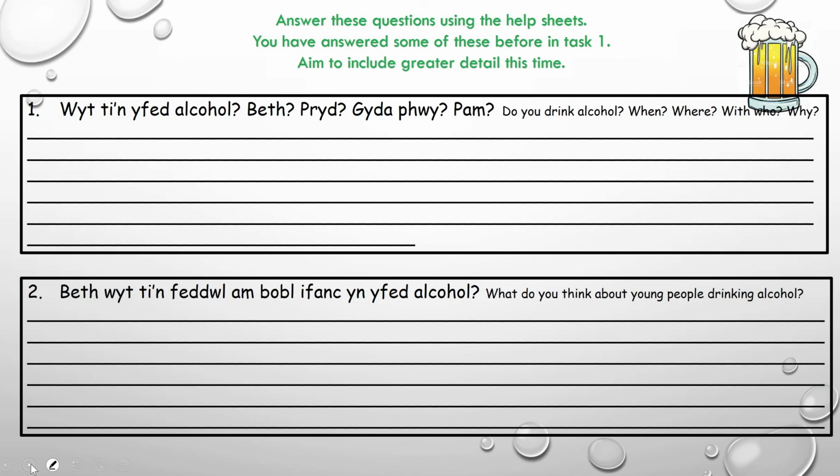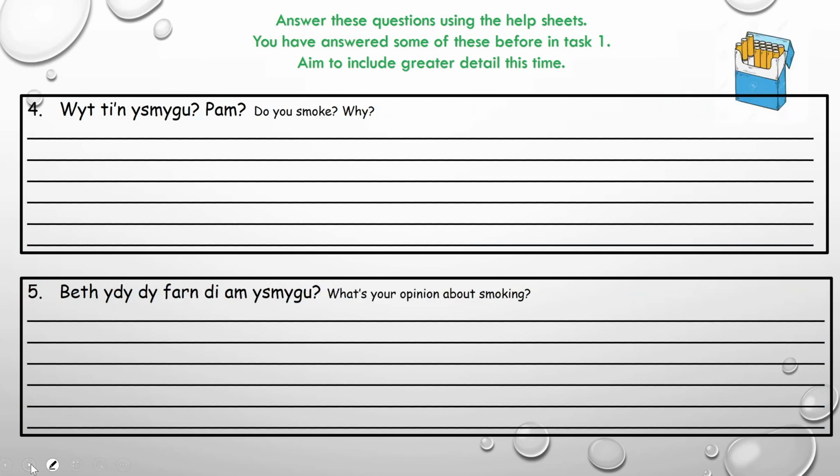What do you think about young people drinking alcohol? Cwestiwn 4, wyt ti'n ysmygu? Pam? Beth ydy dy farn di am ysmygu? What is your opinion about smoking? And again, don't forget to include those key facts that we've worked on previously.